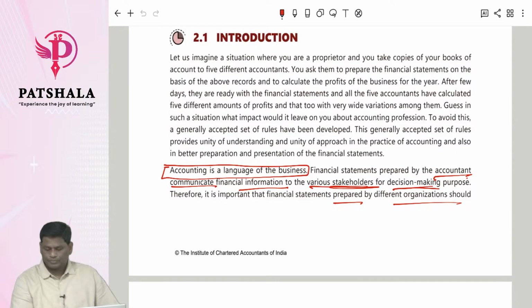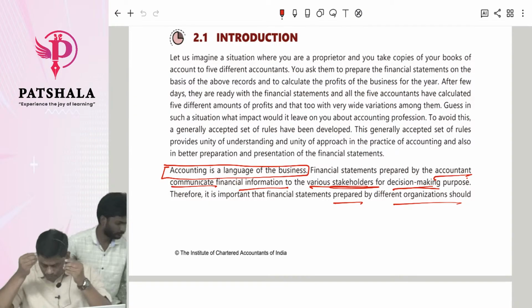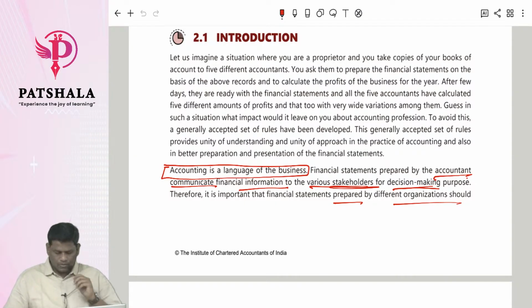certain set of rules have been developed. Full stop.